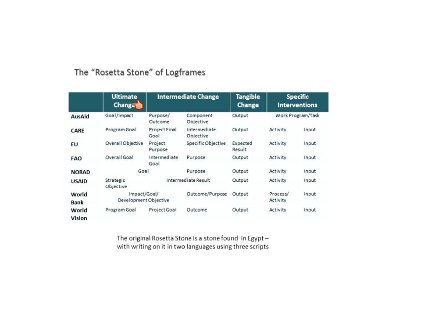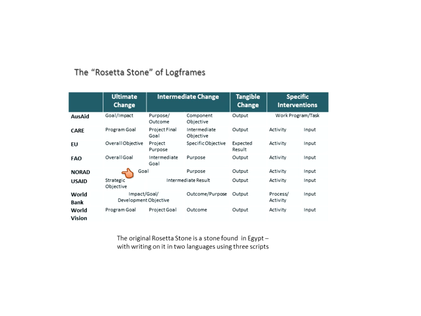They all have some kind of ultimate change that is fed into by intermediate change, that is fed into by tangible change, which at the source is specific interventions. So specific interventions contribute to tangible change, which contributes to intermediate change, which contributes to ultimate change.